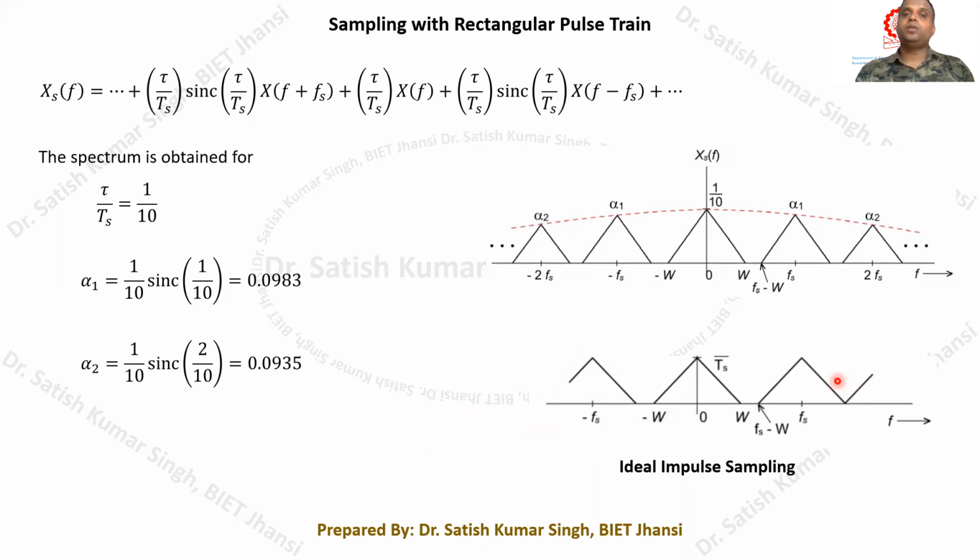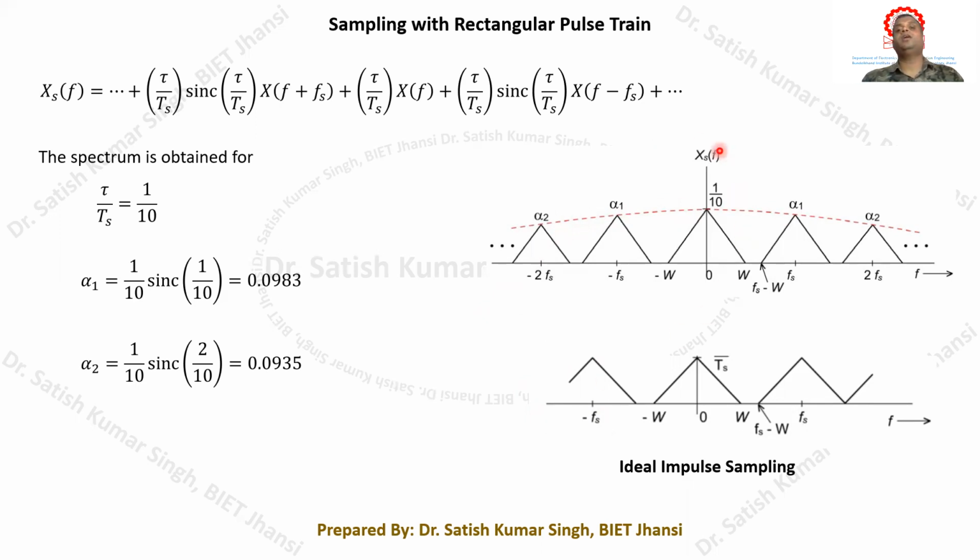But in the case of sampling with a rectangular pulse stream, the only change that is going to occur is that the amplitude is going to decrease as we increase the value of n. When we go for the higher bands, n equals 2, 3, 4, and so on, you will find that the spectral component is going to reduce. So this is the only difference between the two spectral components when we talk about ideal sampling and rectangular pulse train sampling.